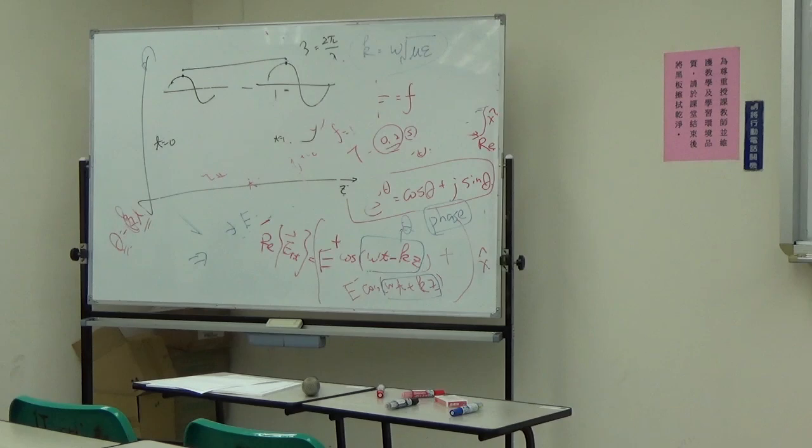Then you just put k equals omega times the square root of mu epsilon here. You cancel your omega, and you obtain that. How fast your wave is only depends on what the material is. No matter what wave it is, if your wave is propagating in the air, the phase velocity is the same.